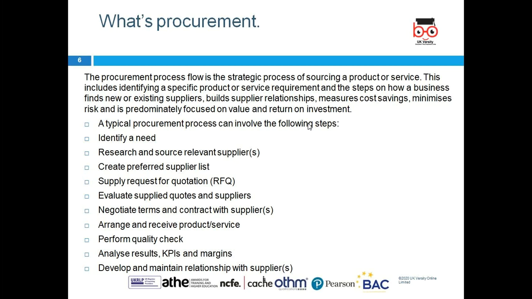We need to look at whether ISO certification has been given to them. Yes, so they are known for quality, like if we think about various products and various suppliers in the world. Arrange and receive the product and service, perform the quality check, analyze the result KPI. What is a KPI?